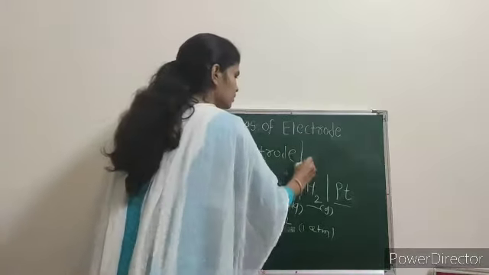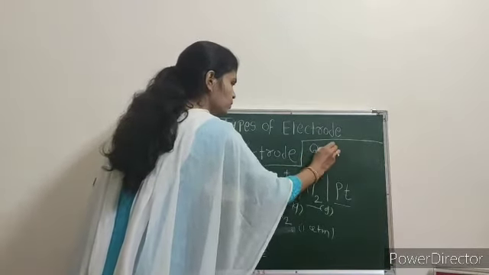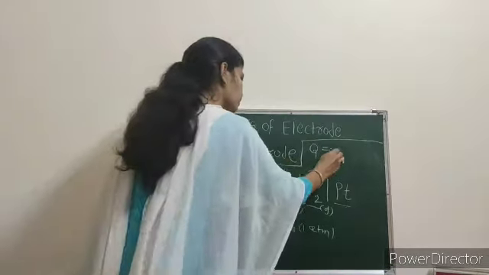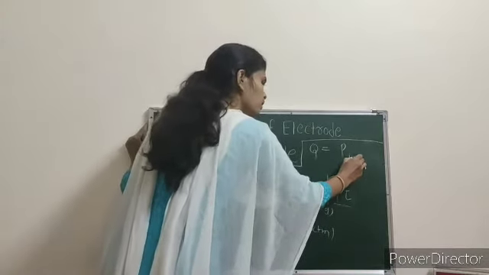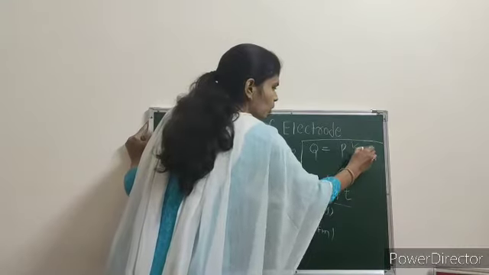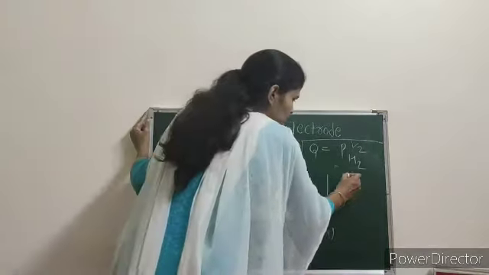Q is equal to the pressure of H2 gas to the power 1/2 divided by the activity of H plus ions.